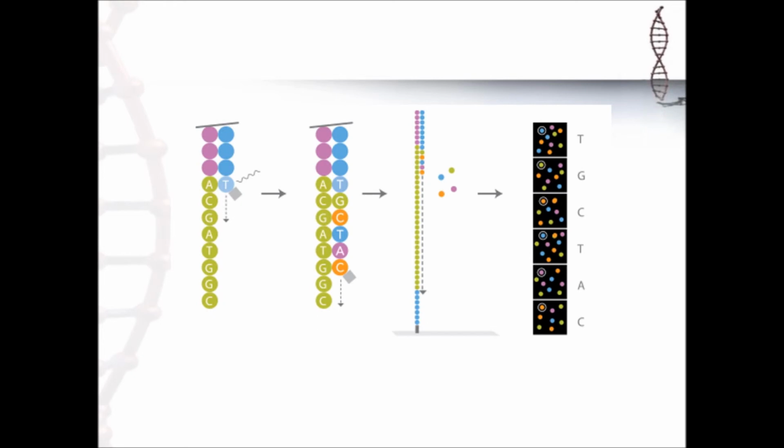The first one that came out was a T, followed by a G, followed by a C, followed by a T, followed by an A, followed by a C, which then means that the original strand is the opposite: A, C, G, A, T, G.